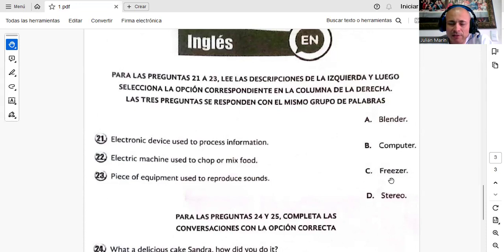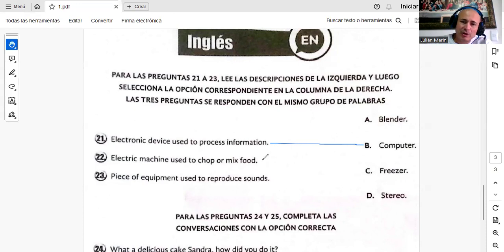21, let's see the description. Electronic device used to process information. So obviously over here, we're talking about a computer. So that would be B. Question 22. Electric machine used to chop or mix food.